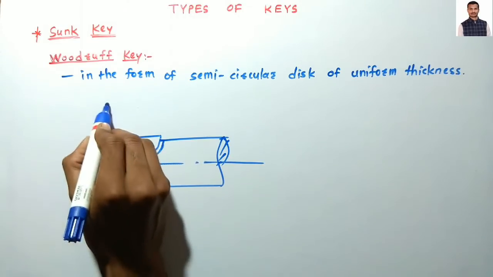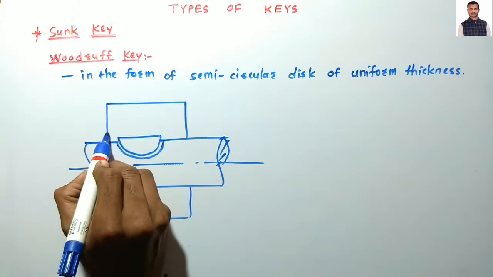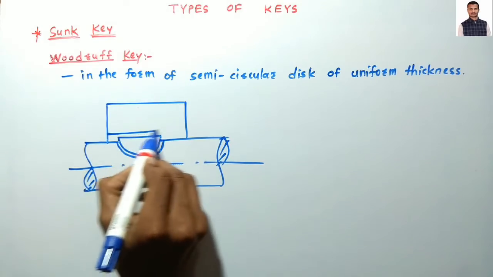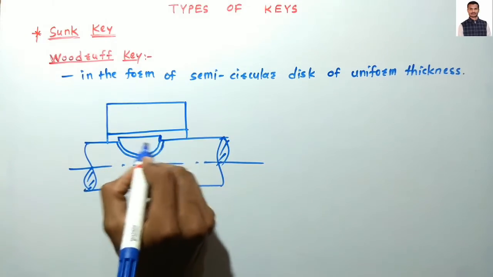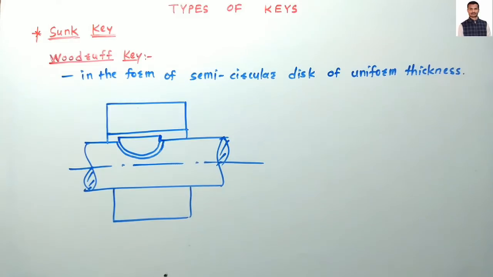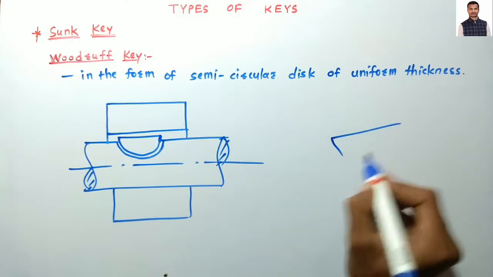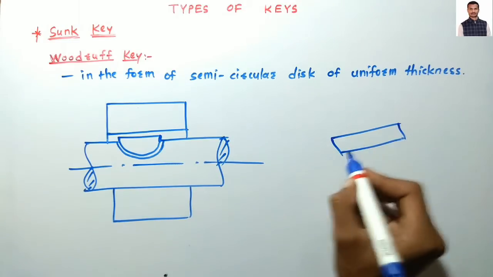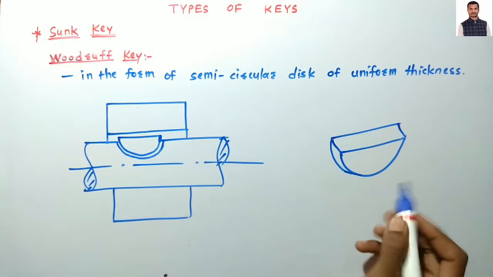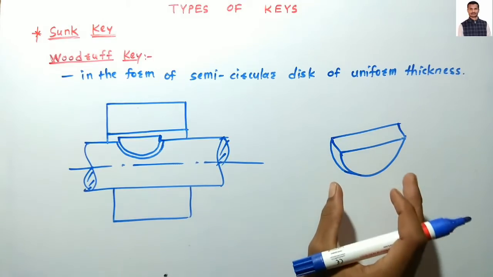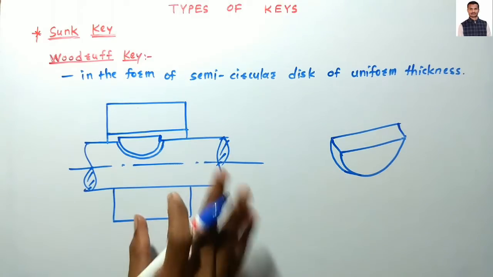Now this is the hub, and the keyway is provided on the hub for this protruding part of the woodruff key. Now in 3D it looks like this. This is the woodruff key, a semicircular disc of uniform thickness which is used as a key.